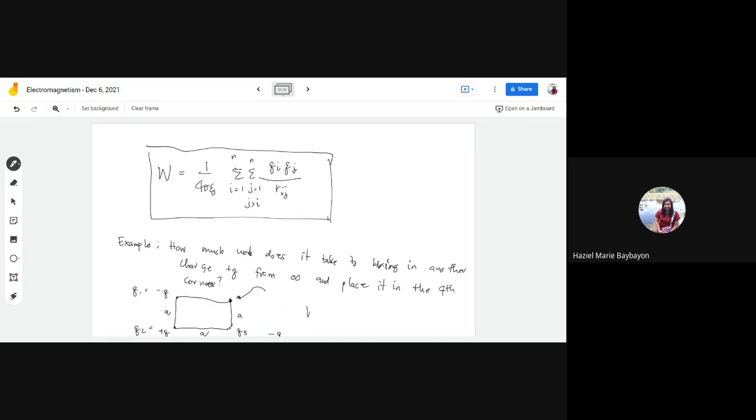So for this, we just have to account for the individual contribution of the charges. We have plus Q multiplied by the potential due to the charges, so we have V sub 1 plus V sub 2 plus V sub 3.